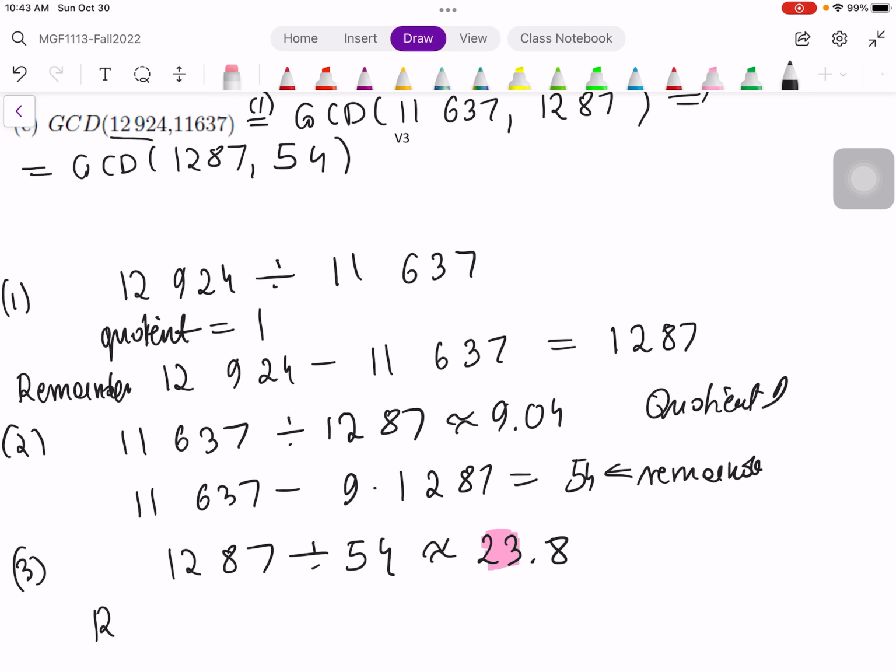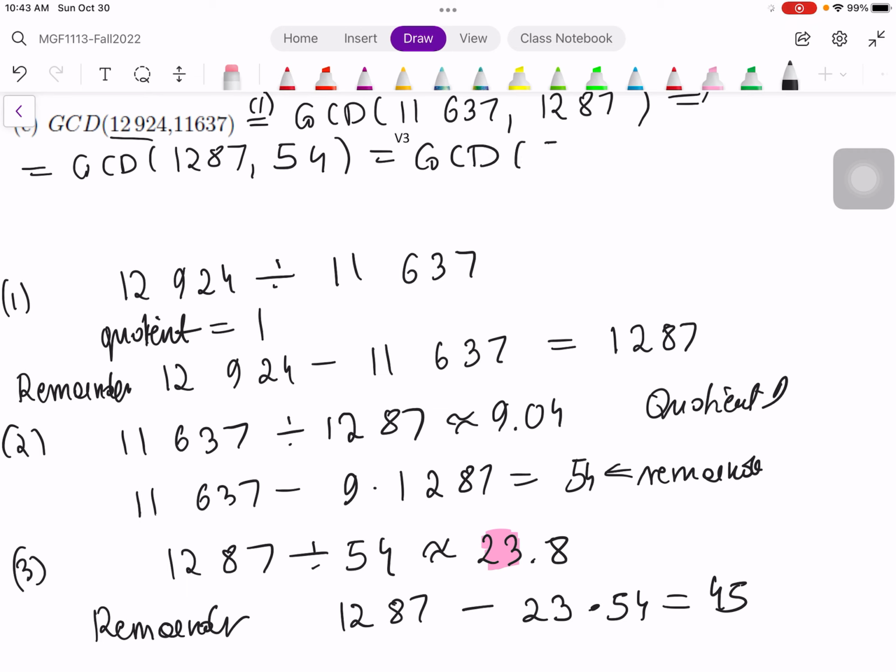Now to get the remainder, from 1,287 subtract 23 times 54. So first you multiply 23 by 54 and then you subtract it from that, and you get the remainder to be 45. So now that's the greatest common divisor of 54 and 45, because you keep the smaller number and the remainder.